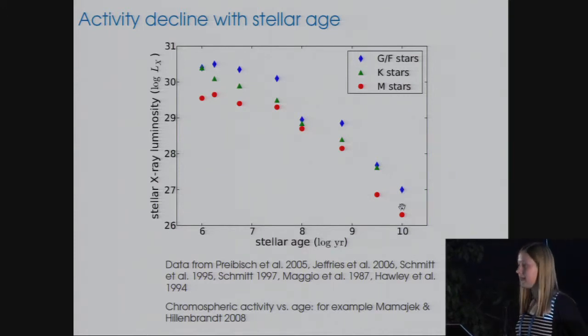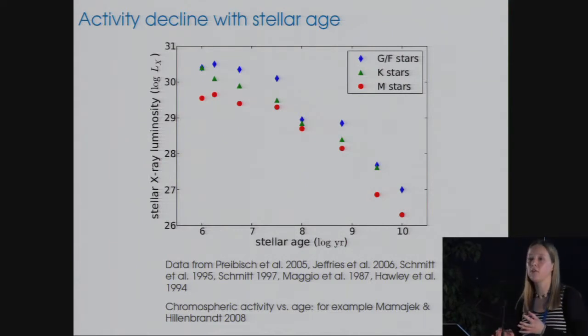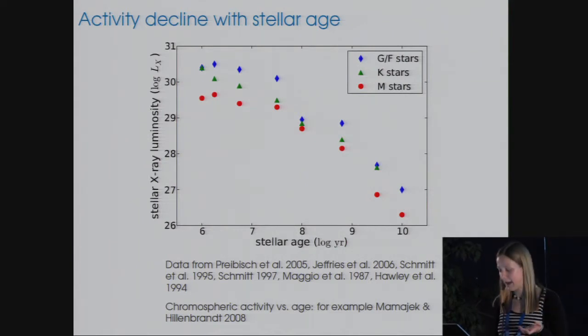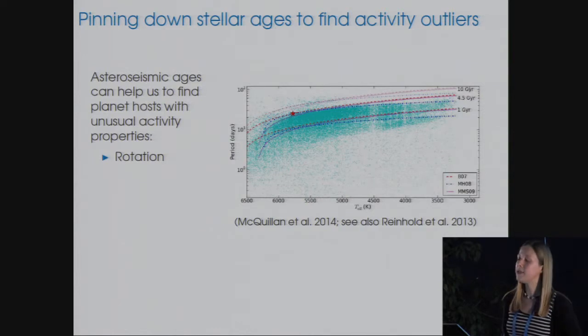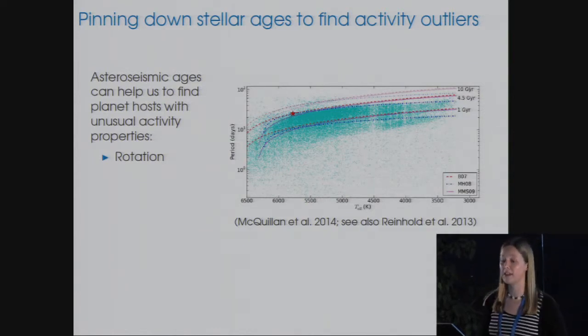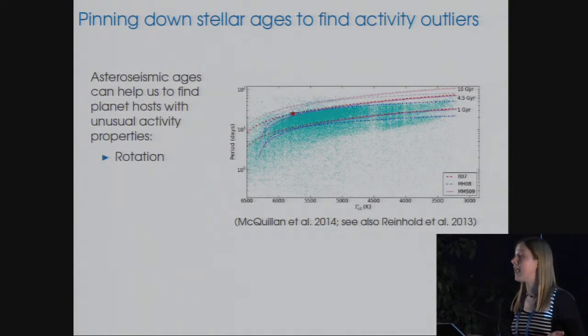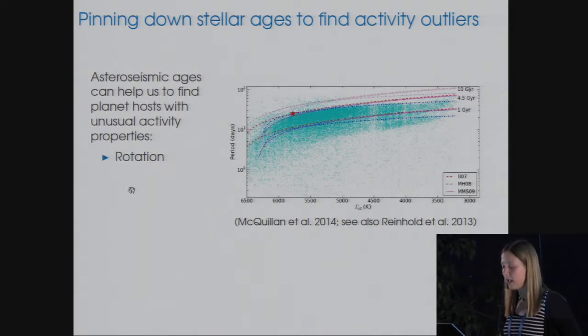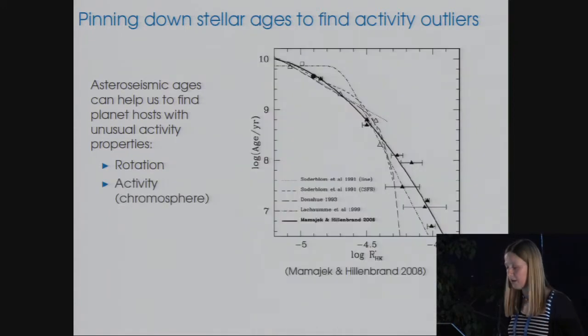So what we actually need to really test for the occurrence of star-planet interactions in this way is to pin down stellar ages and find true activity outliers and see if they're actually there. And asteroseismic ages can help us here a lot. We can test for these outliers with a variety of observables, for example, with stellar rotation here, and there we're pointing to the tidal interaction regime.